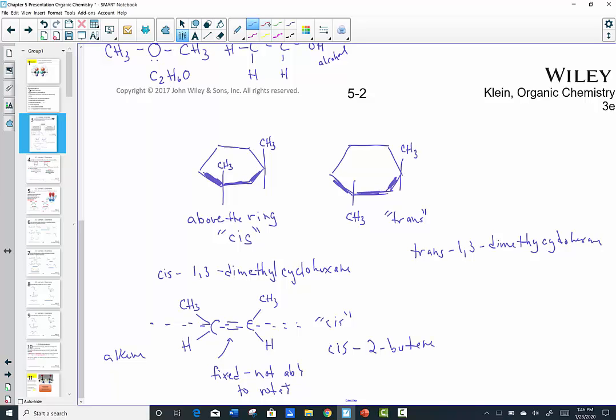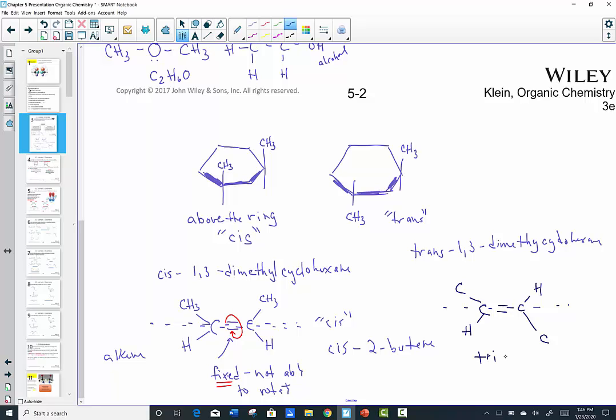Now here's the critical part. This bond is not able to rotate. It is a very fixed position. So when I redraw the carbon-to-carbon double bond and I place a carbon above the plane of the double bond and the other carbon below the plane of the double bond, I have a new stereoisomer.